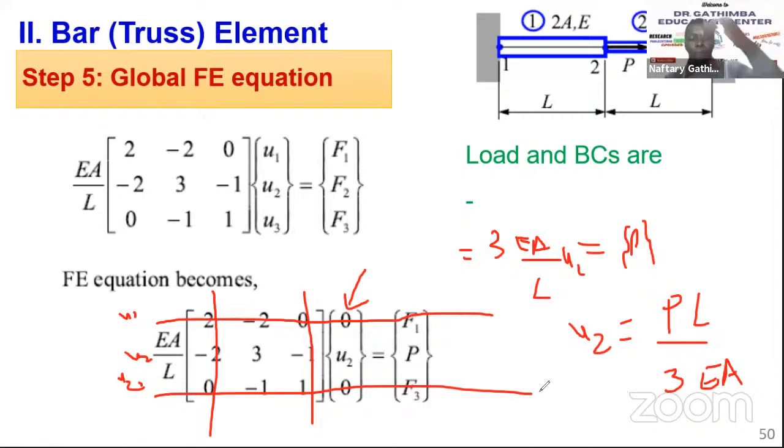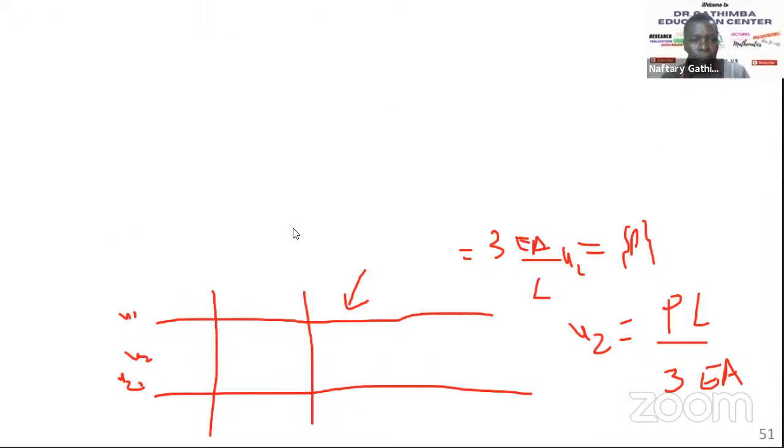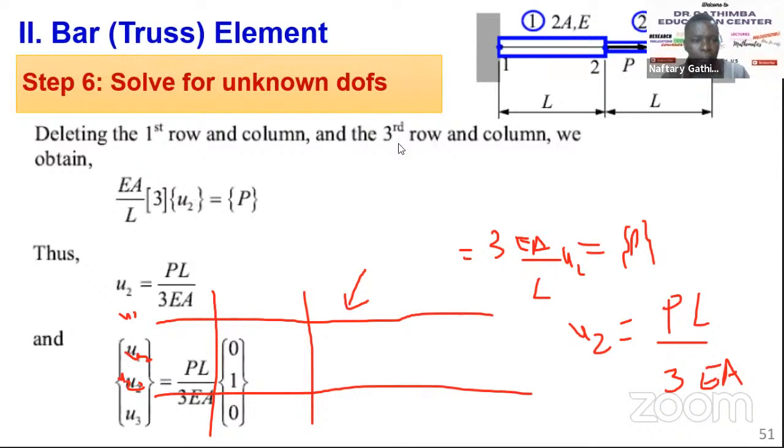So this is a short way. Once you have the known values, you can first remove or "cancel", in quotes, the rows and the columns associated with them. Now we have calculated U2.